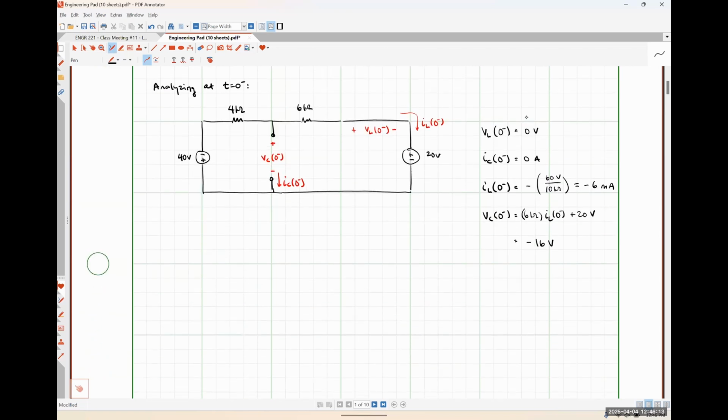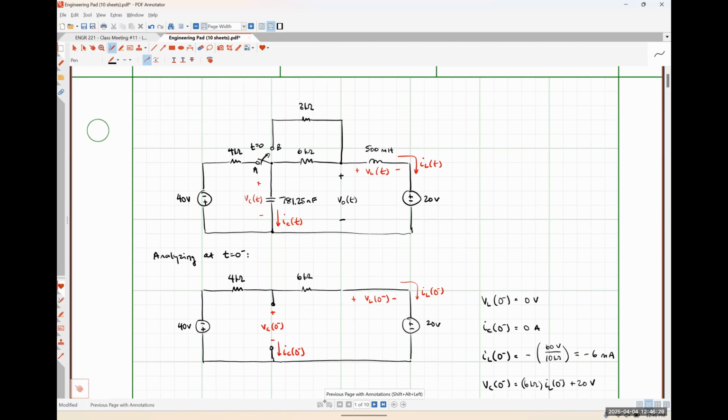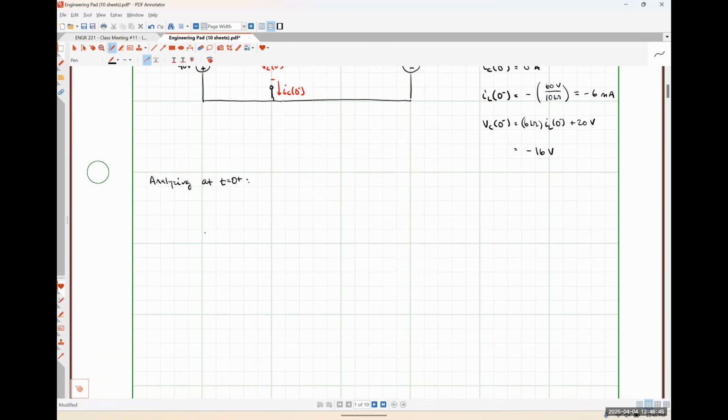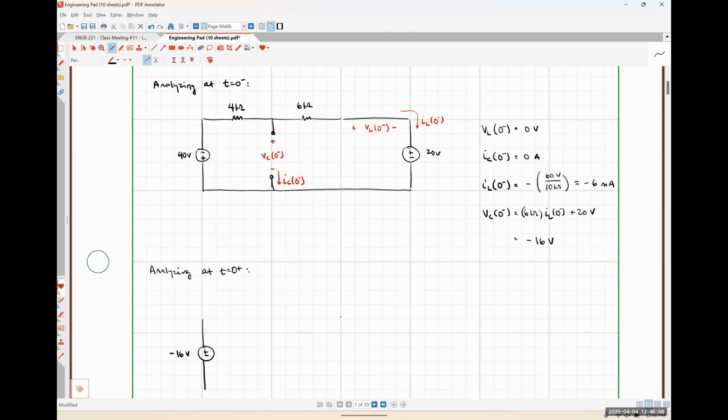All righty. So let's analyze what's going on at t is equal to 0 plus now. So at t is equal to 0 plus, our switch is now closed at position B. So that practical voltage source on the left-hand side is essentially going to be open circuited or disconnected. So just to make things a little simpler on myself, I'm not going to bother drawing it anymore, okay? So I'm going to have my capacitor here, which is going to look like a negative 16-volt source, positive polarity on top, because VC was defined as positive polarity on top.